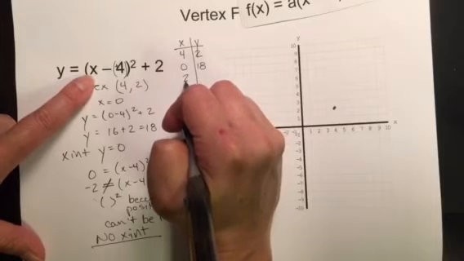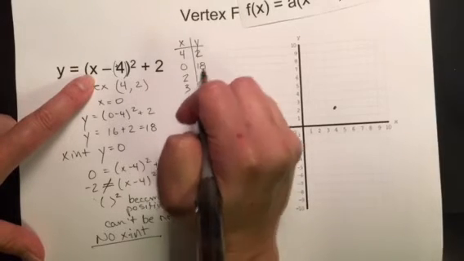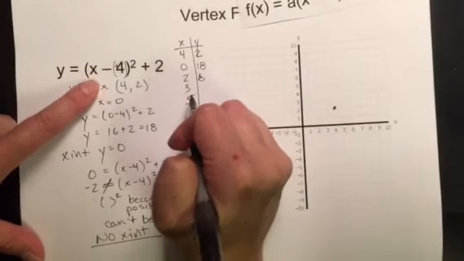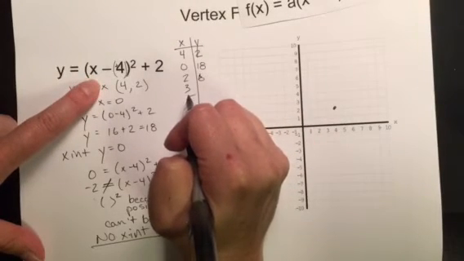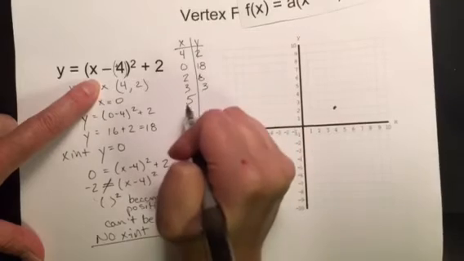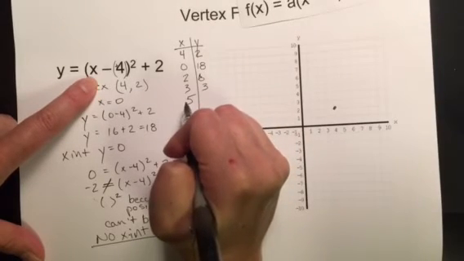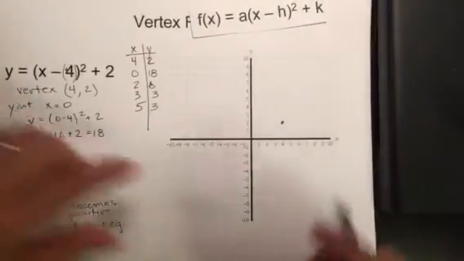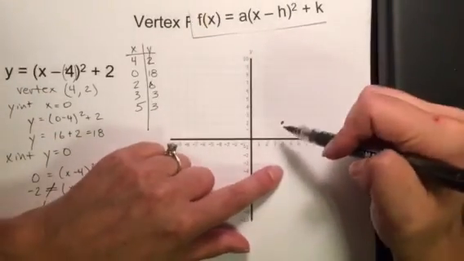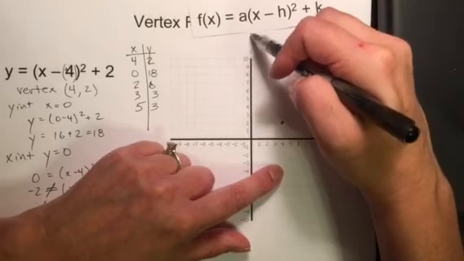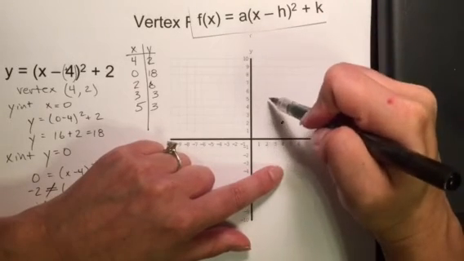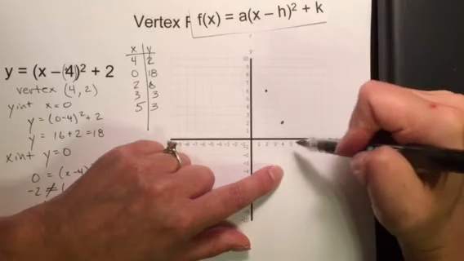So 2 minus 4 is negative 2, squared is 4, plus 2 is 6. 3 minus 4 is negative 1, squared is 1, plus 2 is 3. And then 5 minus 4 is 1, squared is 1, plus 2 is 3. Again, that symmetry is helping me out. So I'm going to go ahead and plot here. So 0, 18 is up here off my graph. 2, 6 will be right here.